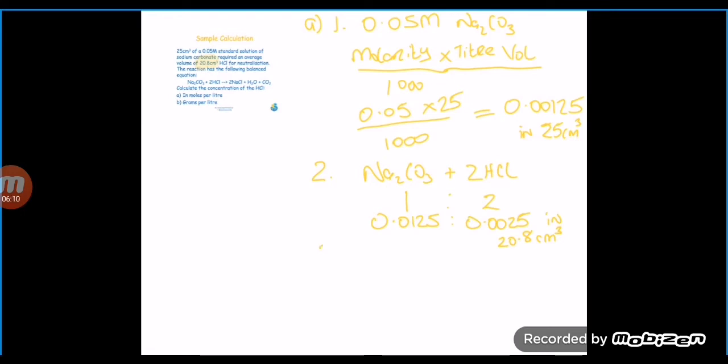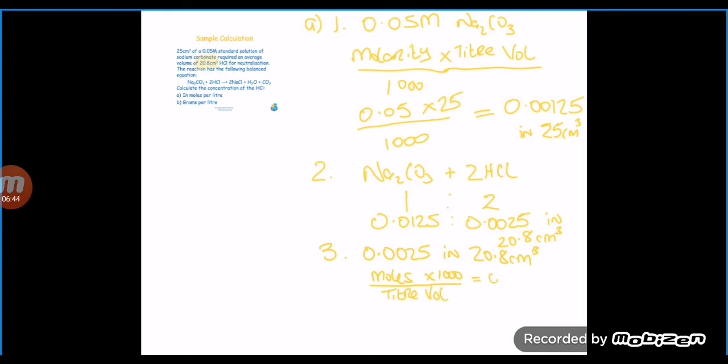So for step 3 now, you want to find the concentration of your unknown solution in moles per litre, which is the hydrochloric acid. I know that I have 0.0025 moles in 20.8 centimetres cubed. So I must fill into the formula that we've learned in our first principles, and that is the moles multiplied by 1000, divided by the titration volume.